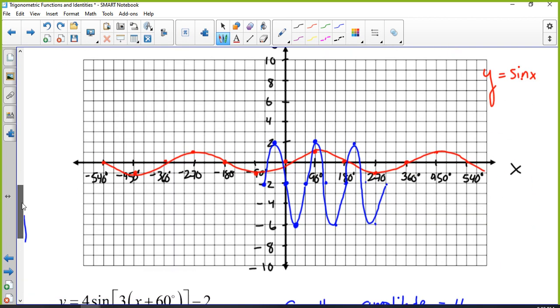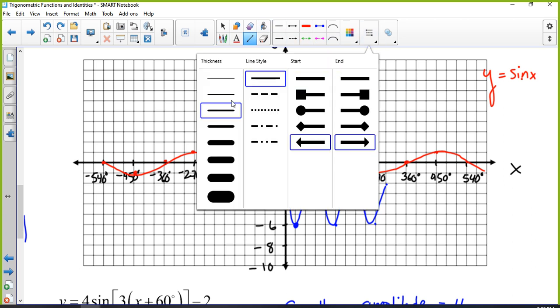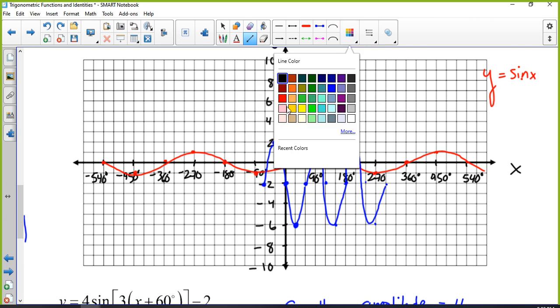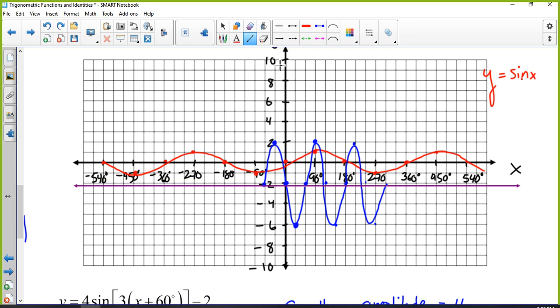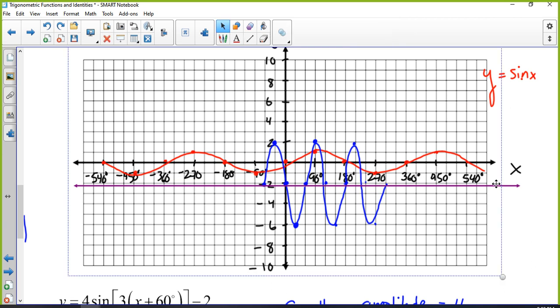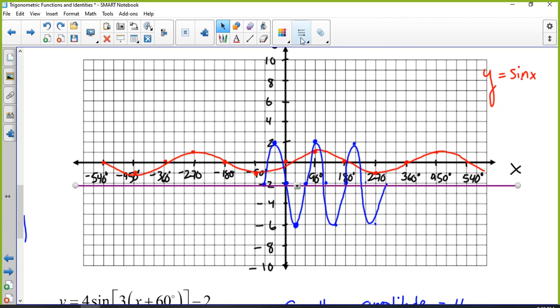Okay, so if you look at the halfway point between the maximum and the minimum, you can see that it happens at negative 2. So I just drew a purple axis there. I'm going to make it in dotted lines.